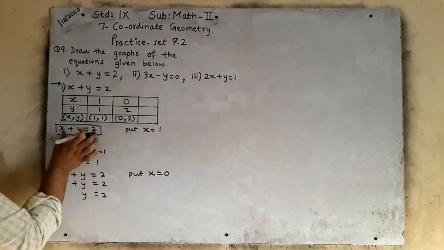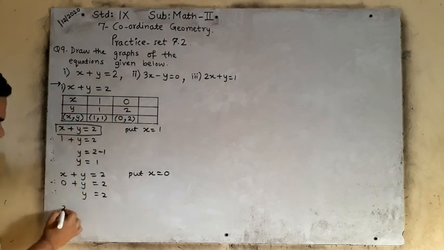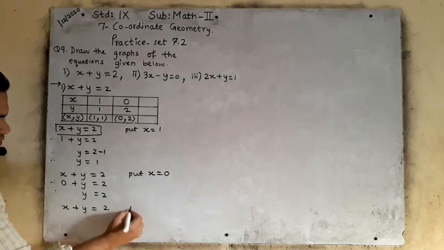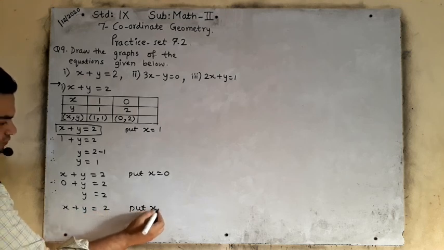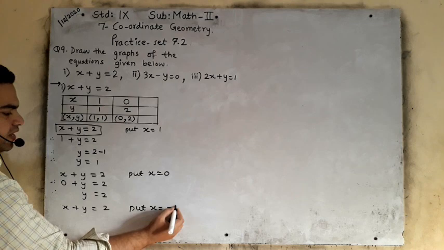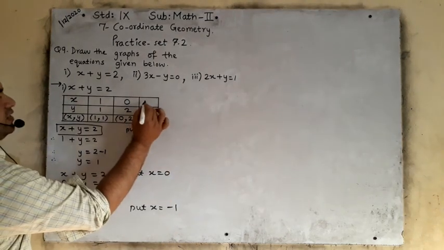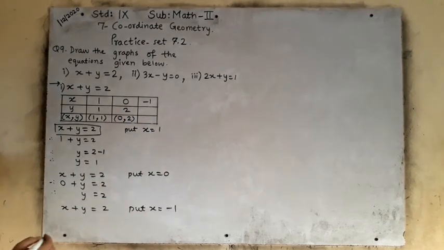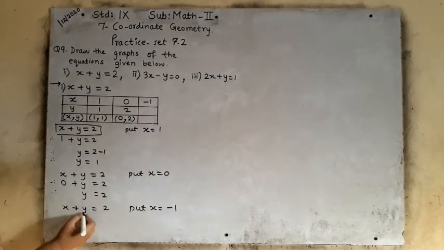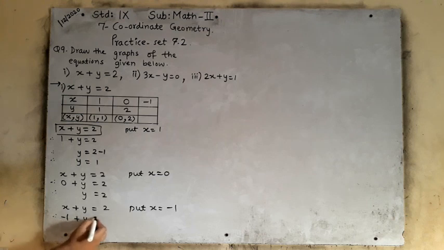Again we will take this equation only. See, x plus y is equals to 2. Now put x is equals to, suppose, -1. So I will write over here x is equals to -1. Now we will get the y coordinate. So wherever x is there I will write -1 plus y is equals to 2. Now this -1 will go to the right hand side, it will be plus 1.